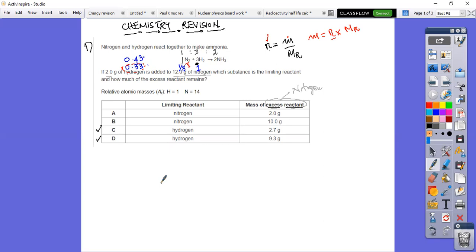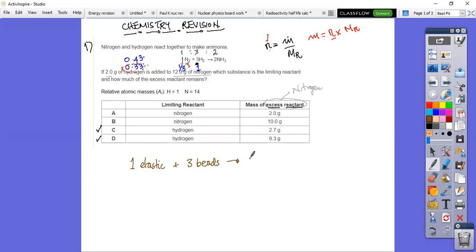I'm not sure. Okay. If in doubt, let's break it down to a simpler analogy that might make sense. Imagine you are making a bangle, and to make one bangle, you need one elastic and 3 beads.